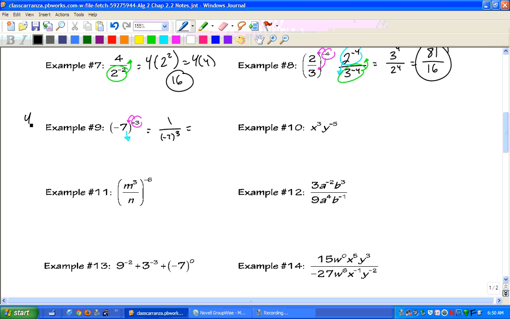I know 7 times 7 is 49, so 49 times 7 is 3. Carry the 6. 7 times 3 is 28. Plus 4 is 343. And since we have 3 of those, it's going to stay negative.